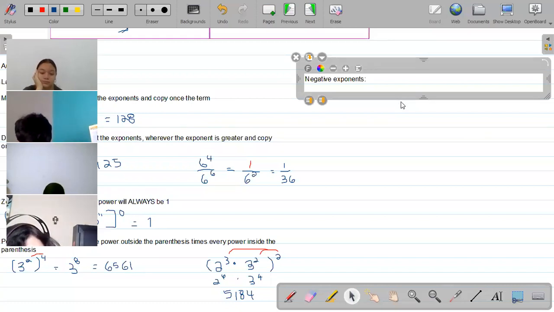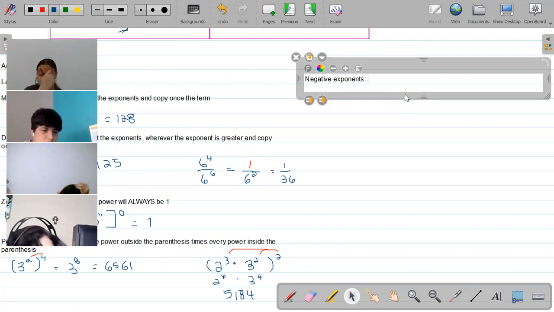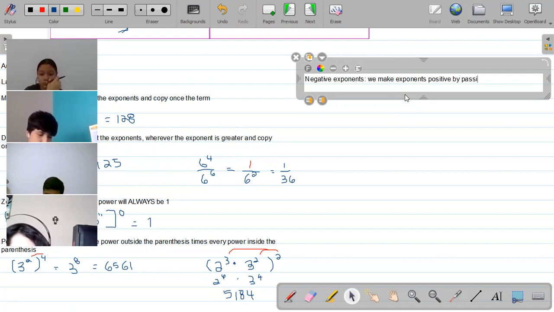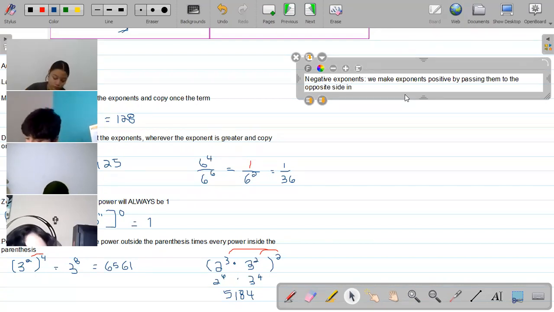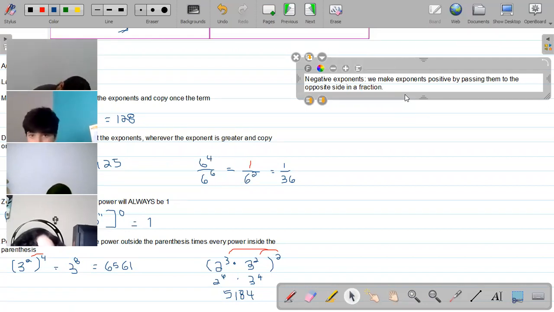So if I have a negative exponent, how do I make it positive? We make exponents positive by passing them to the opposite side in a fraction.